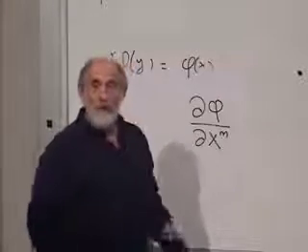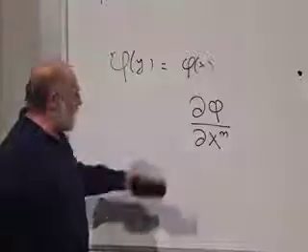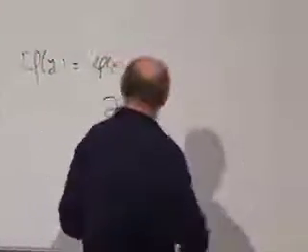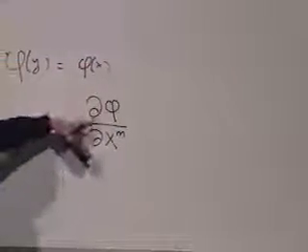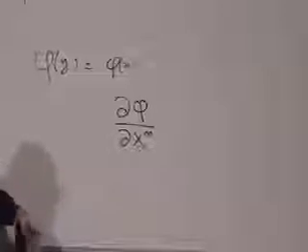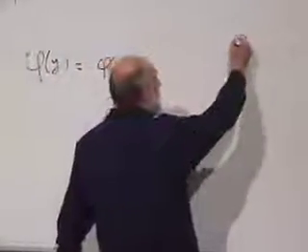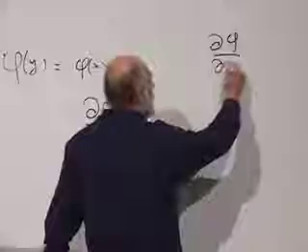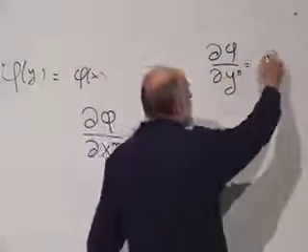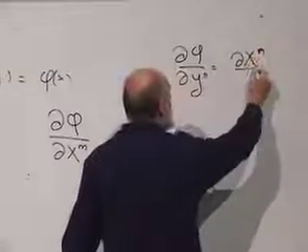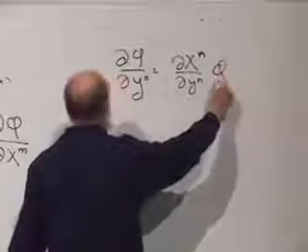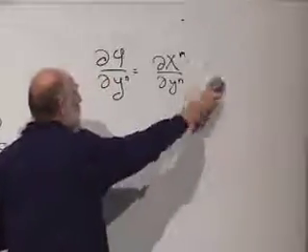But let's just see, why is it true that if d phi by dx is equal to 0, then d phi by dy is equal to 0? Mathematically, it's straightforward: d phi by dy^n is equal to dx^m by dy^n times the derivative of phi with respect to x^m.